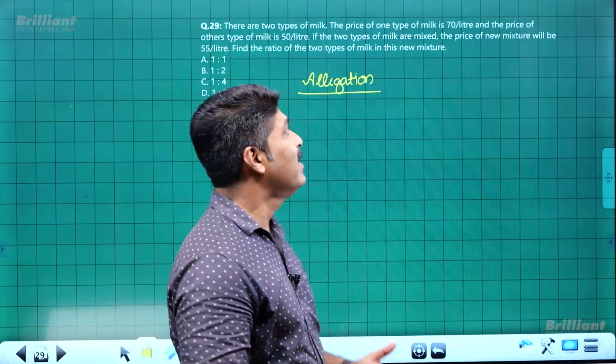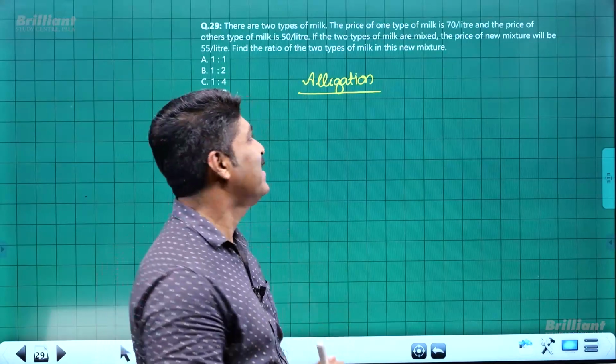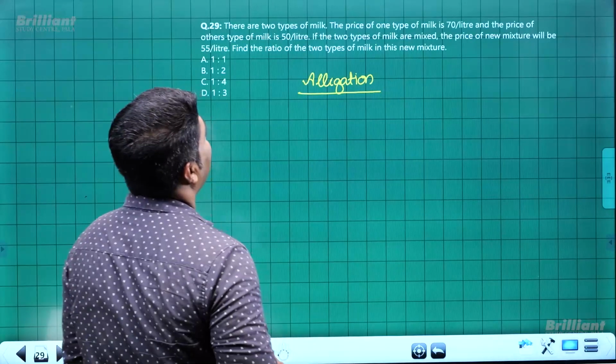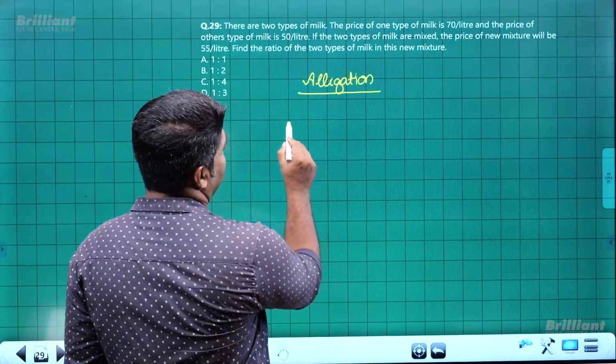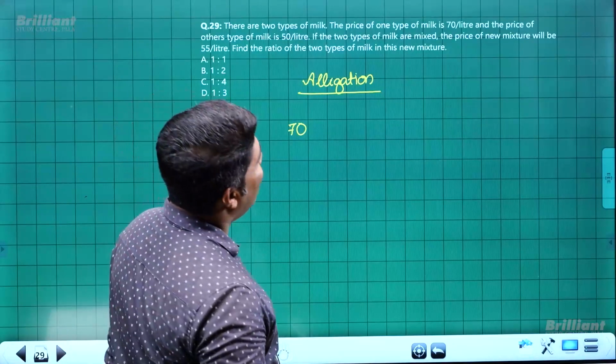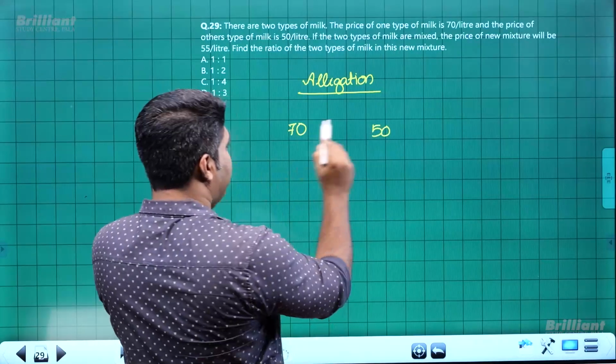How can we apply it? It's a direct application of alligation. So here there are 2 types of milk. The first price is rupees 70 per liter, and the second type's price is rupees 50 per liter. You have to write the values like this.